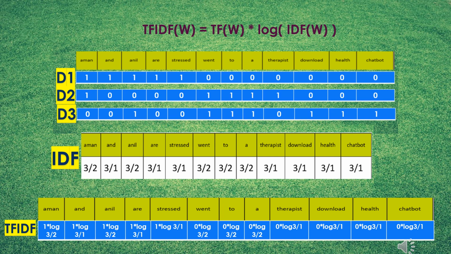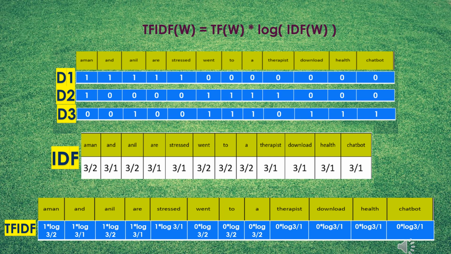So let us take word by word and calculate the TF-IDF of each and every word of that particular document. First, let us take the first document. The TF of Aman in the first document is 1. It must be multiplied with the log of the IDF of the word Aman. The IDF of the word Aman is 3 by 2. So 1 into log 3 by 2. In the same way, the TF of the word and in document 1 is 1 multiplied by the log of the IDF of the word, that is 3 by 1, that is log 3 by 1.